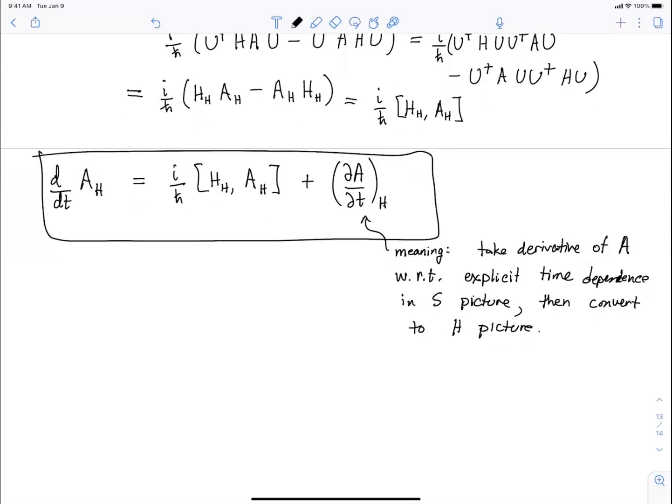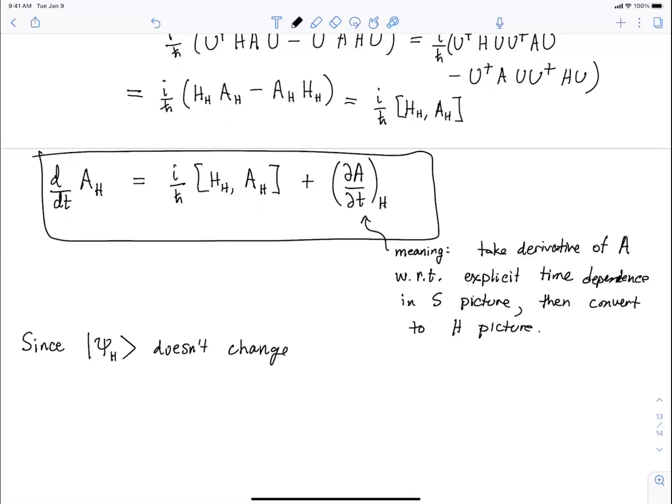Okay, so that's worked out how a general operator in the Heisenberg picture depends on time. And the important thing to realize is that in the Heisenberg picture, that's all there is to know about how things change in time. And that's because in the Heisenberg picture, as we showed, the state never changes. The state of the system doesn't change ever.